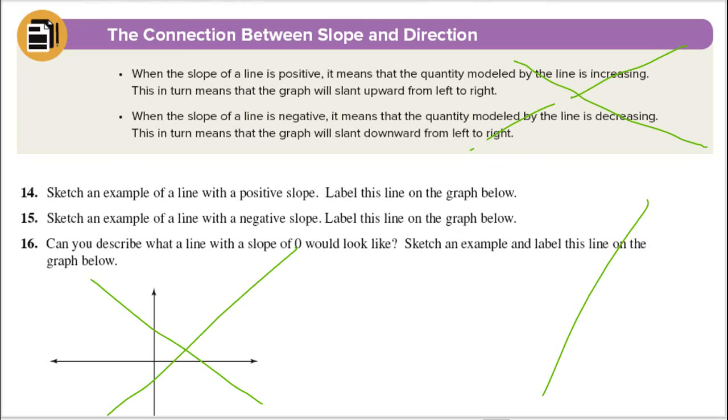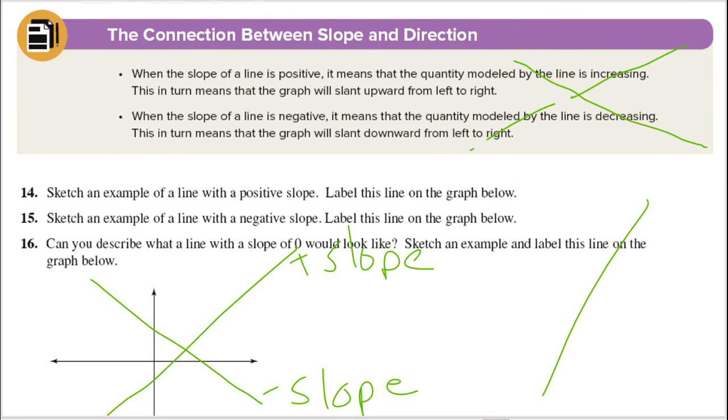Question 15, that's a negative slope. As x gets larger, y gets smaller. So you should label these.